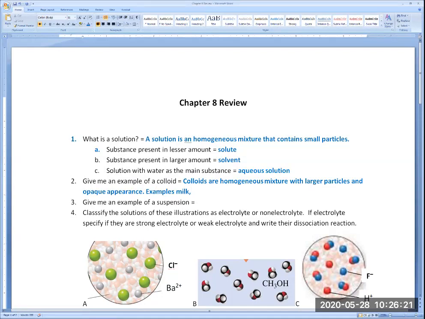But colloids are also like mayonnaise that you find in the stores, right? Any kind of mixture like that is creamy and that you cannot filter. You cannot separate the components by filtration, and they don't settle down. It stays emulsified.